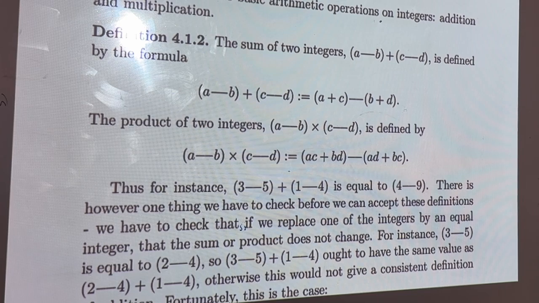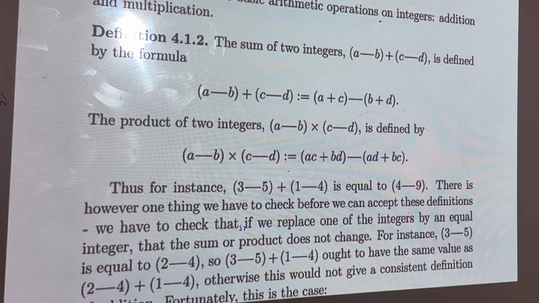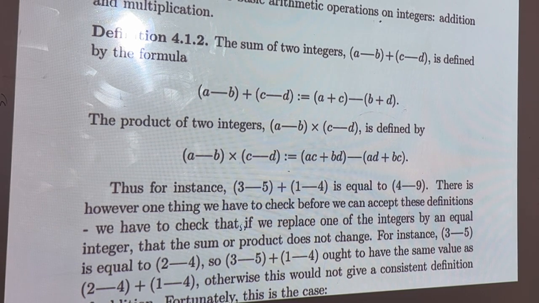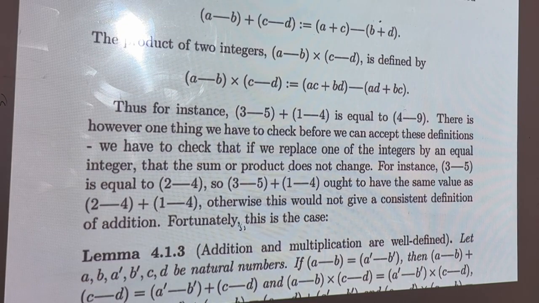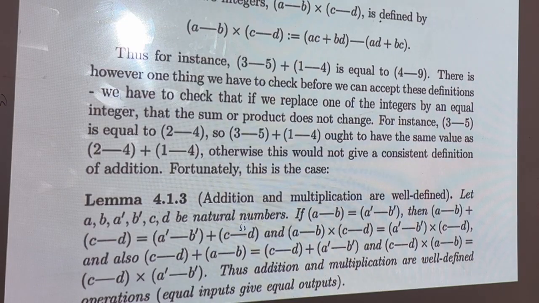For instance, 3—5 is equal to 2—4, so 3—5 plus 1—4 ought to have the same value as 2—4 plus 1—4. Otherwise, this would not give a consistent definition of addition. Fortunately, this is the case. Now he is proving it.